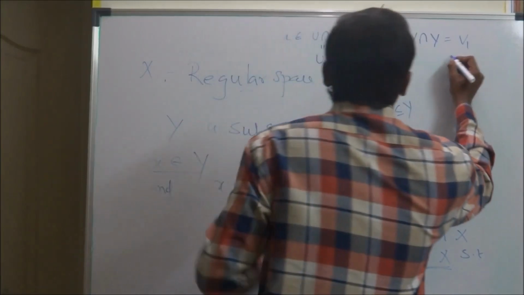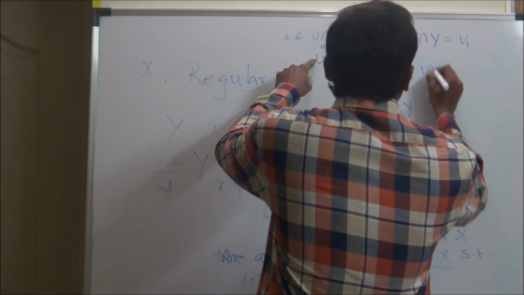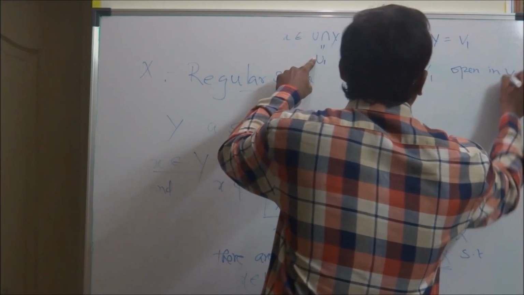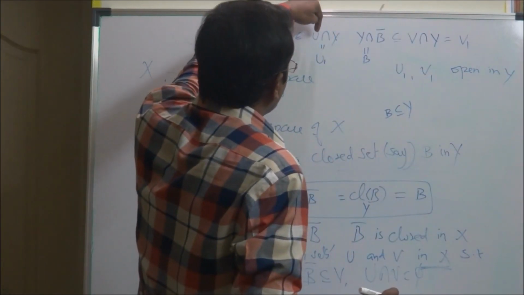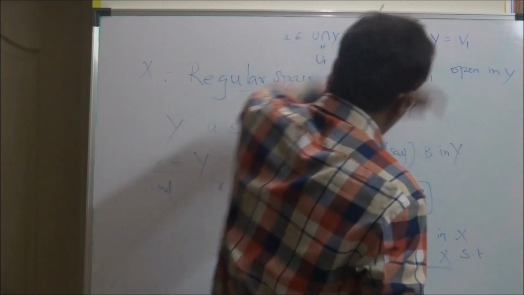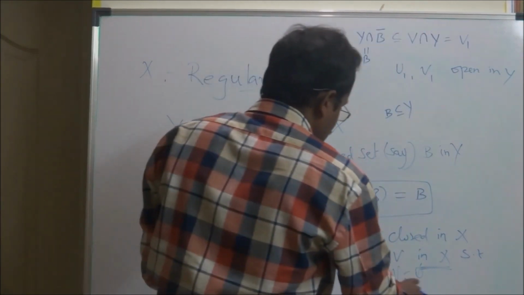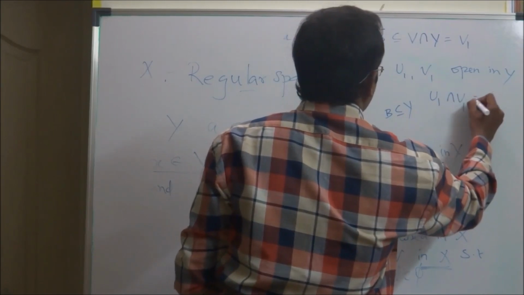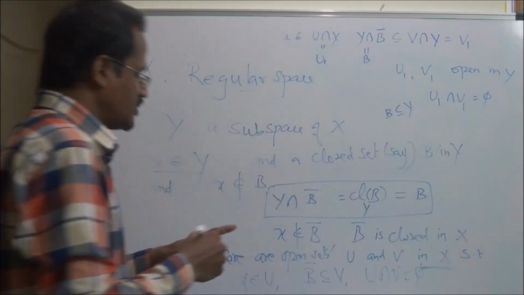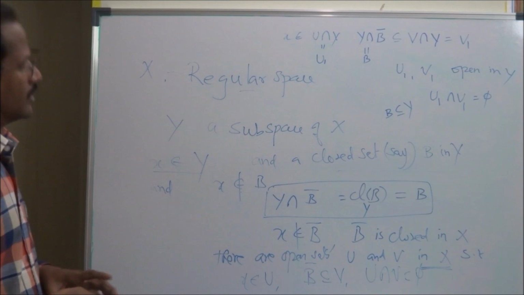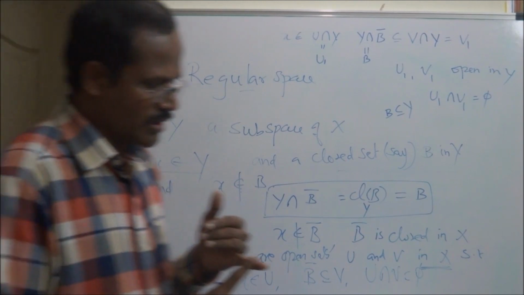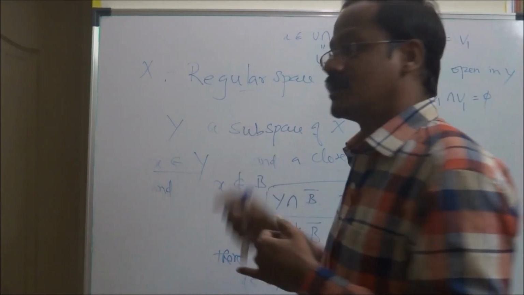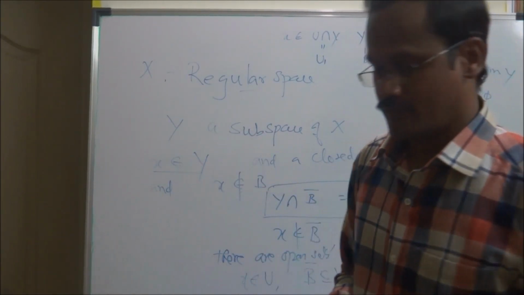So U1 and V1 are now open in Y, because you are taking U intersection Y and V intersection Y, and with U intersection V empty, U1 and V1 are disjoint. So we get open sets U1 and V1 which are disjoint, U1 containing the point X and V1 containing the set B.